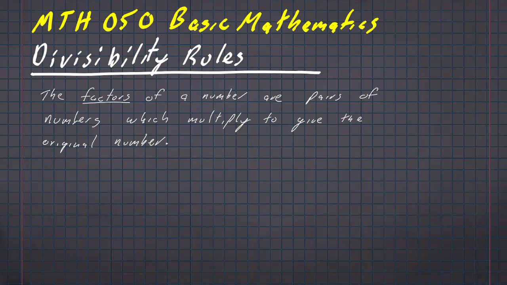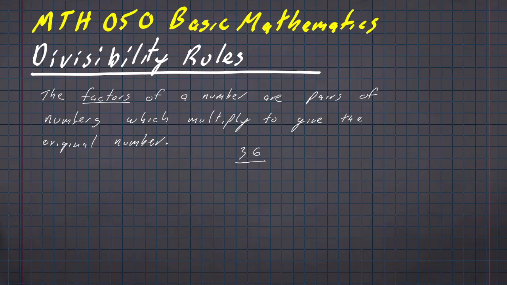So, when we're thinking about factors, there are a couple of tricks that we can use. The easiest one is to just recognize the useful factor right away. But of course, that doesn't always happen. So let's look a little bit more closely at an example. Let's take a look at the number 36.